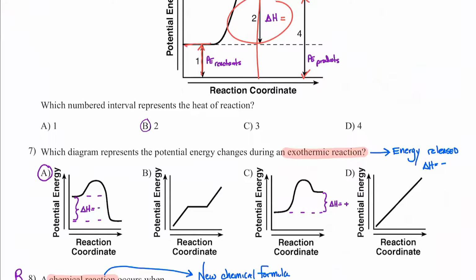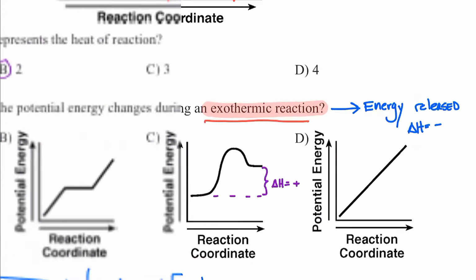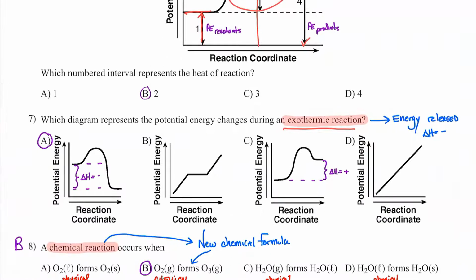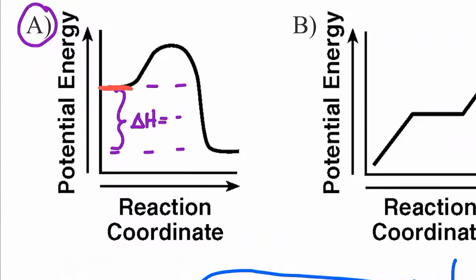Number 7. Which one's exothermic? Hey, exothermic, we're releasing energy. Delta H is negative. We should be going down. Really there is only one choice, going down. And of course, because it's going down, here's the potential energy of my reactants, and here's my products, and the difference where I start and finish is delta H, and this is negative. That's your answer.